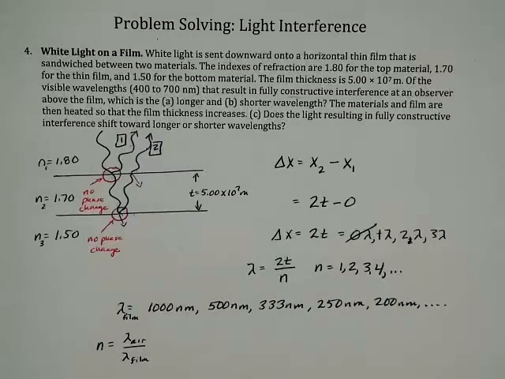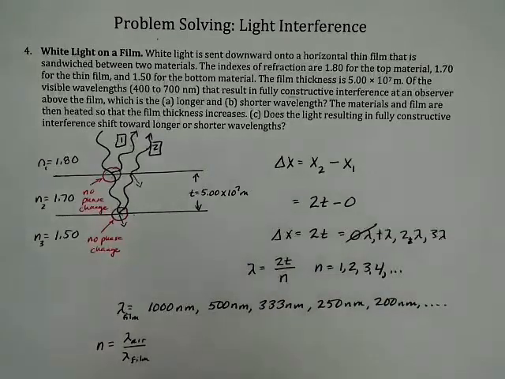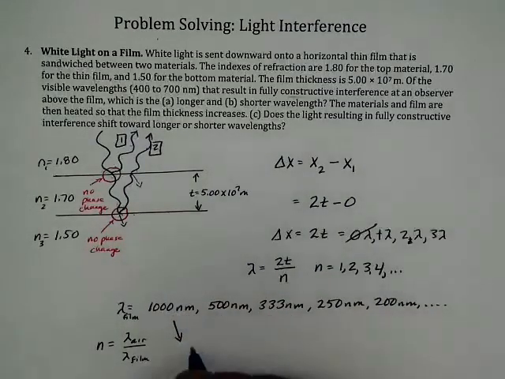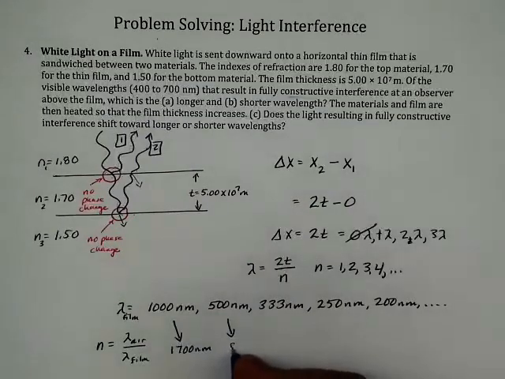So now we got to do a little bit of translation. The index of refraction is 1.7. So if we find these equivalent wavelengths in air, this one would translate into 1700 nanometer wavelength light, which is outside of that visible range. 500 times this would give me 850 nanometer light, which is also outside the range.